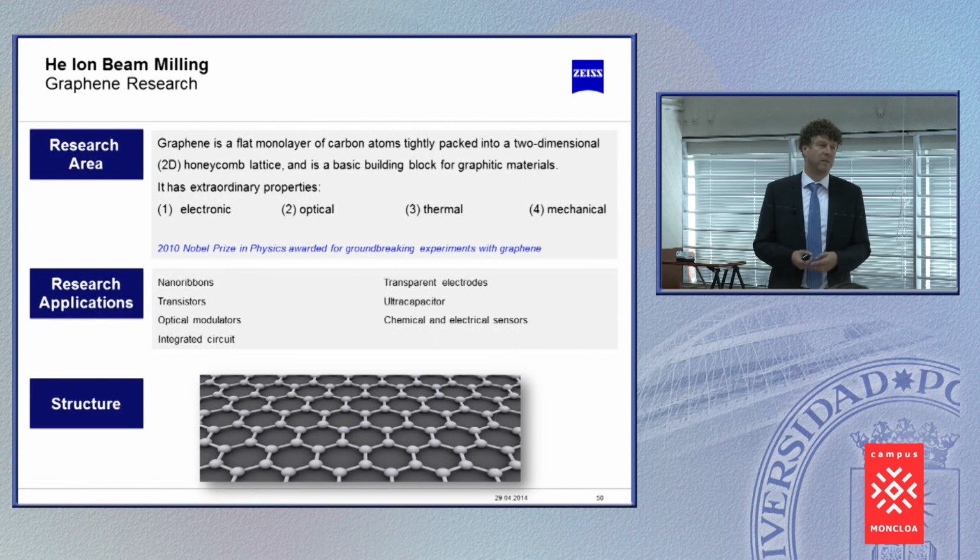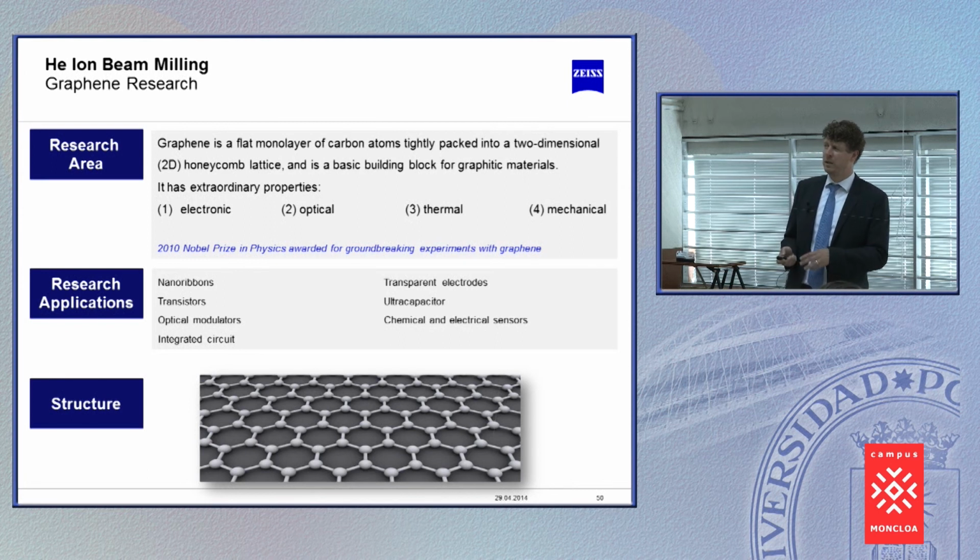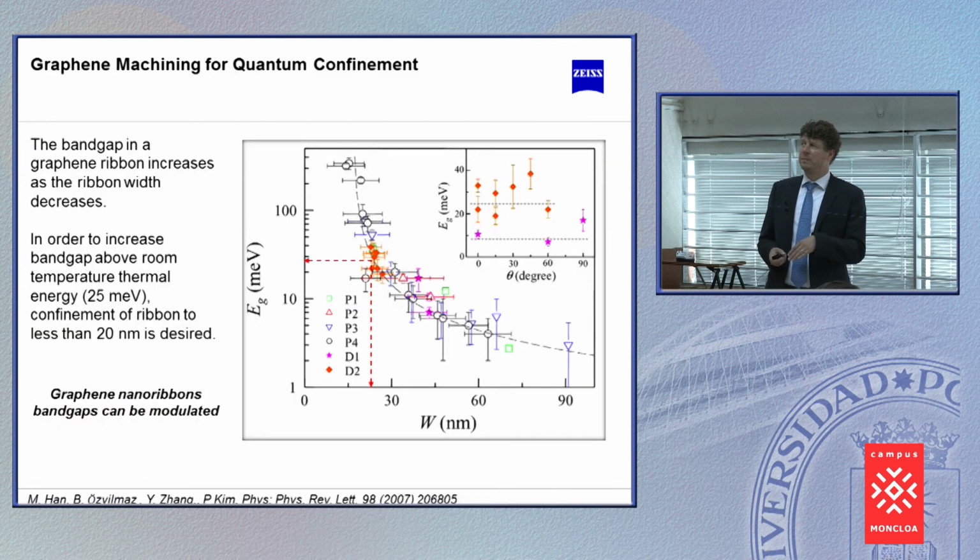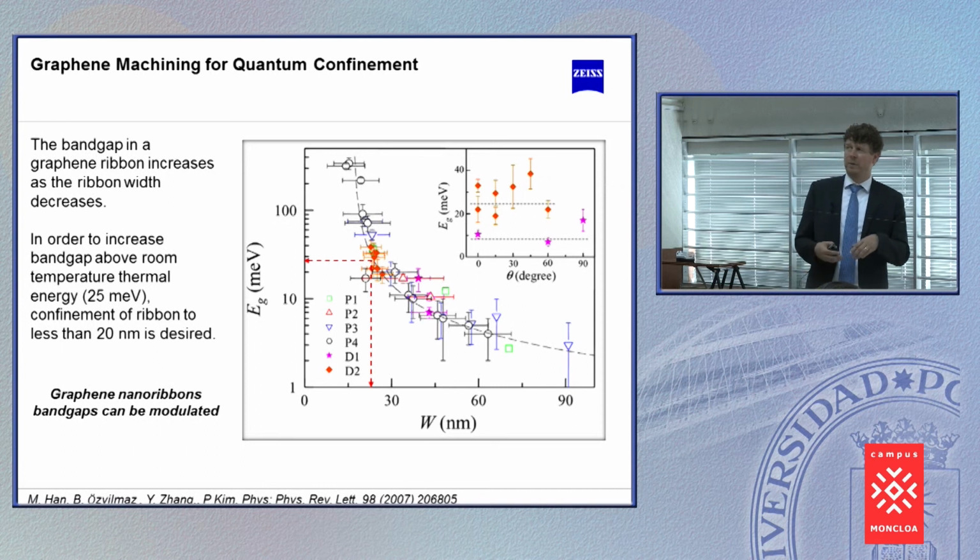Graphene may be the future material because of its electric, optical, thermal and mechanical properties. I show you now some examples of nanoribbons. You know, graphene is carbon, and you can increase the band gap when you decrease the width of a nanoribbon.